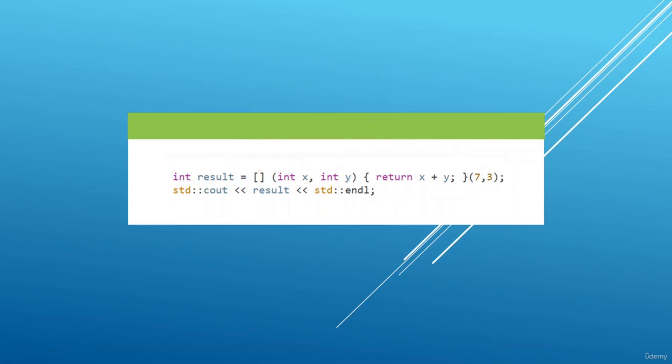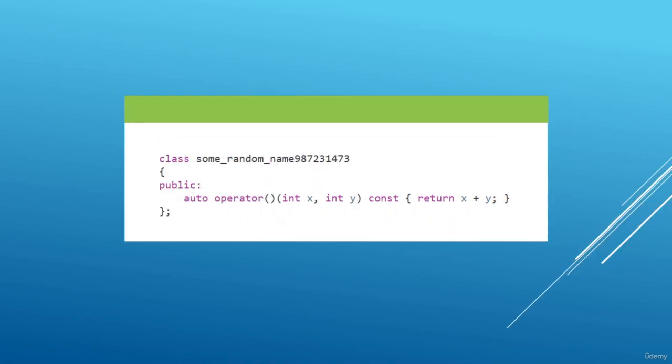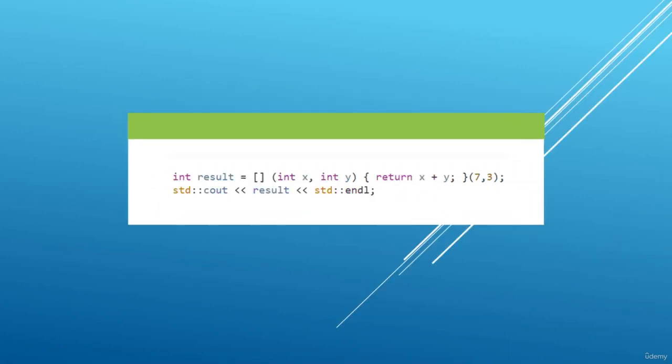And when the compiler sees code like this, it is going to generate a functor which is really going to make this lambda function work behind the scenes. And the functor that is going to be generated is going to look something like this. And it is going to have the same logic we have in the lambda function built in. So remember, our lambda function was just summing up two parameters and returning the result.